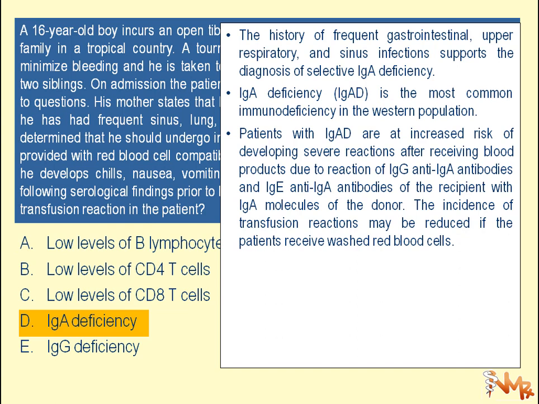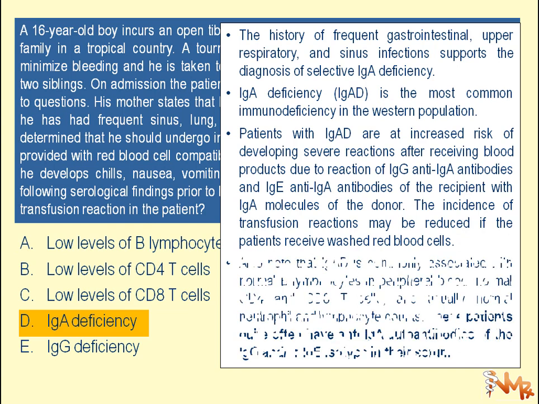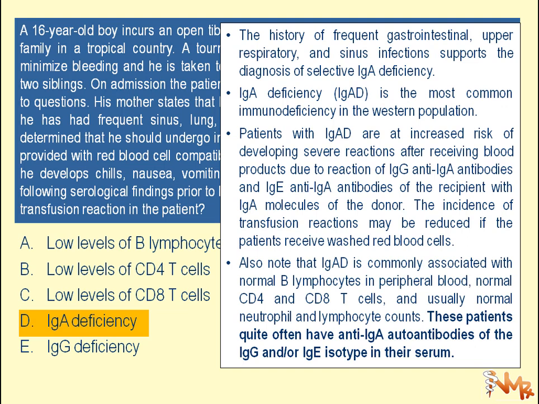Lock in this information. The incidence of transfusion reactions may be reduced if the patients receive washed red blood cells. Also note that IgA deficiency is commonly associated with normal B lymphocytes in peripheral blood, normal CD4 positive and CD8 positive T cells, and normal neutrophilic and lymphocytic counts.